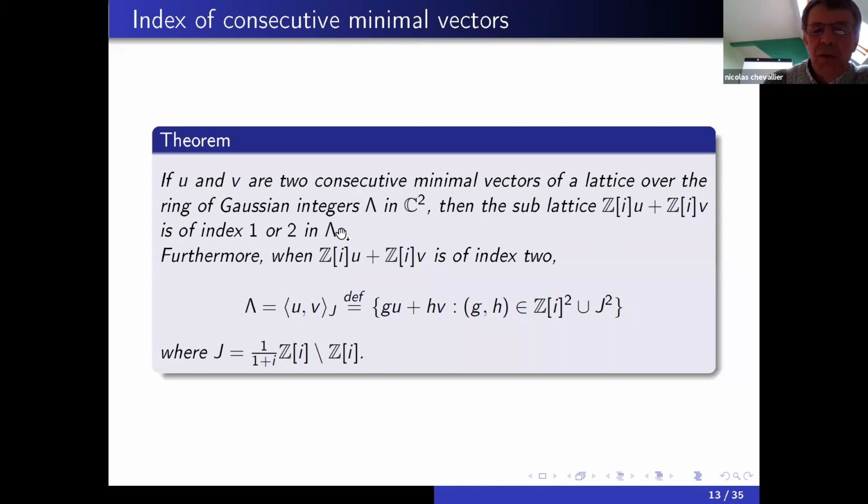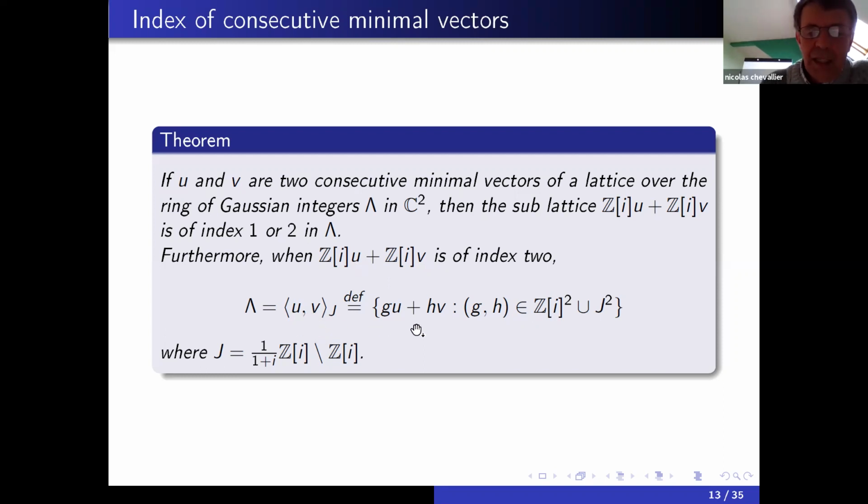This means that if you look at the quotient of lambda over this sublattice, there is 1 point or 2 points in the quotient. If it is of index 1, obviously this is lambda, and if it's of index 2, this lattice is not lambda, but you can recover lambda with U and V only.